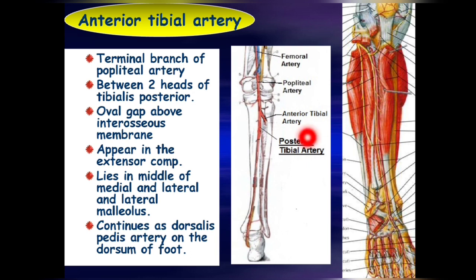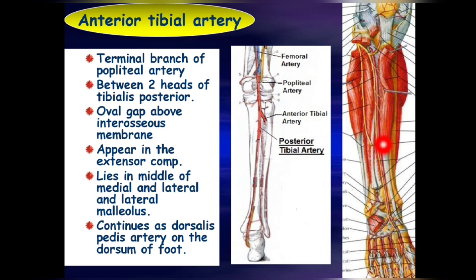Anterior tibial artery, the artery of front of leg. It is a terminal branch of popliteal artery, arises between two heads of tibialis posterior, and from the oval gap above the interosseous membrane. It appears in the extensor compartment, lies in the middle of medial and lateral malleolus, and continues as dorsalis pedis artery on the dorsum of foot.